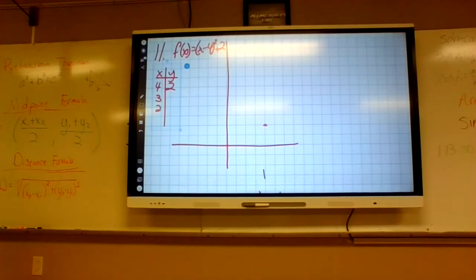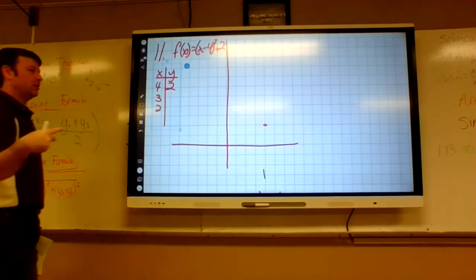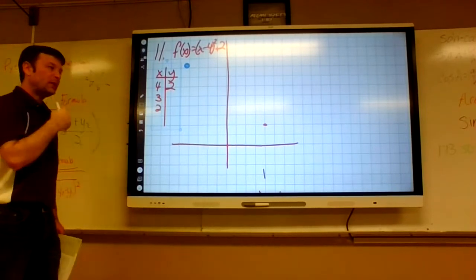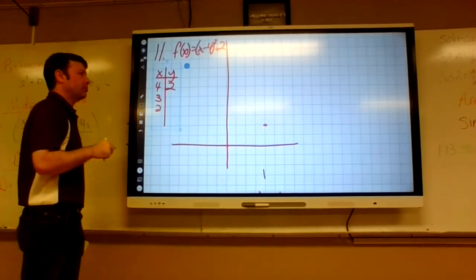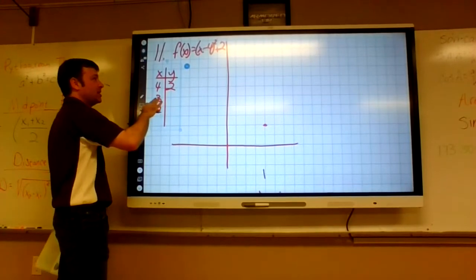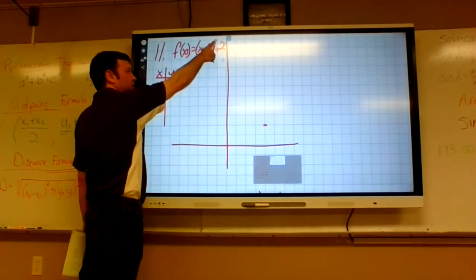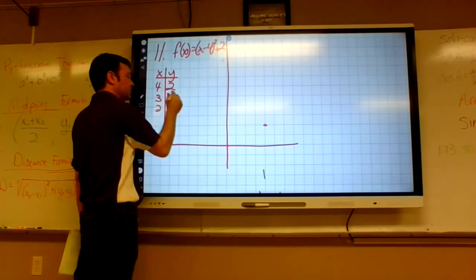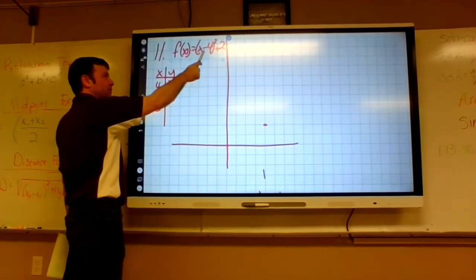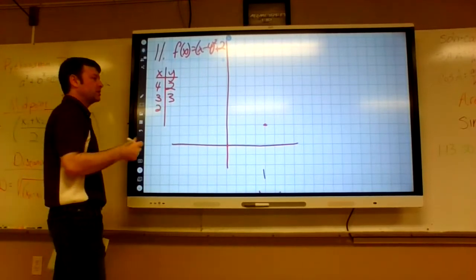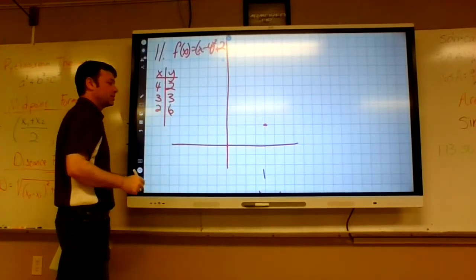Just like yesterday, I want 5 points, but we really only need to find these 2. You guys remember why? You can mirror it, you can reflect it across. So if I plug in 3, 3 minus 4 is -1, squared is 1, plus 2 is 3. 2 minus 4 is -2, squared is 4, plus 2 is 6.